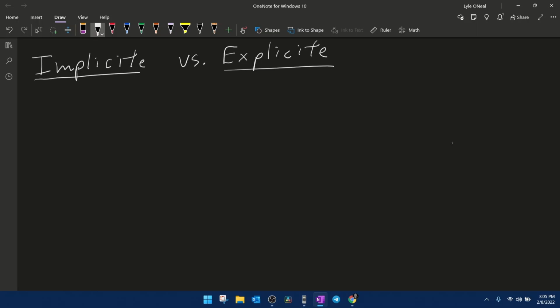So if we look at a couple of examples here, 3x plus y equals 7 would be an implicit form of a function where y is not by itself. If I move the 3x over, making it y equals negative 3x plus 7, now it is explicit form.